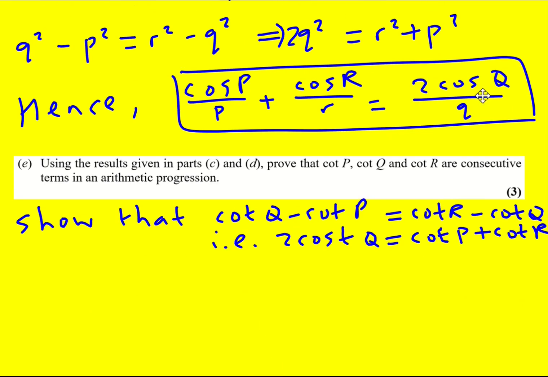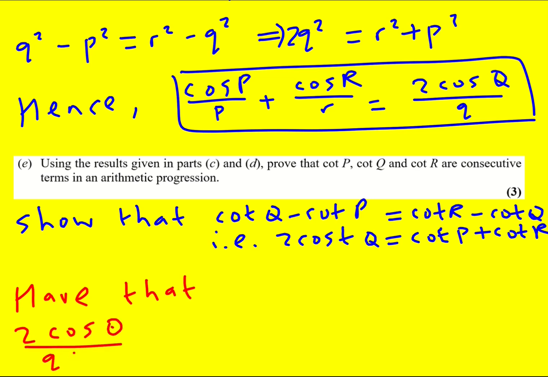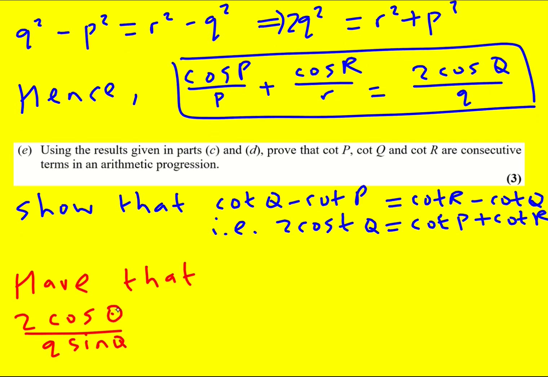Now we have a relationship, we have that this is true. And so I can take my 2 cos Q over q, and I could divide by sine Q, because this will give me cot Q, and I'll be on my way. Now I need to divide the others by sine Q as well.